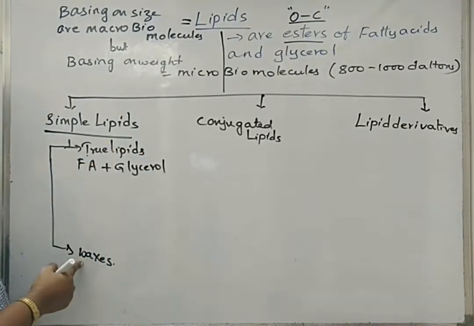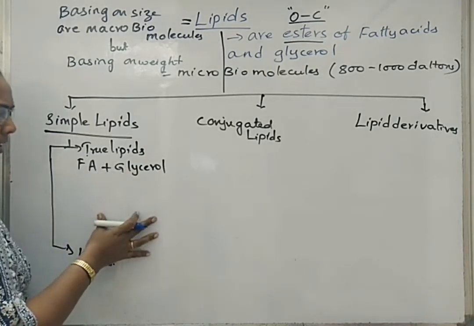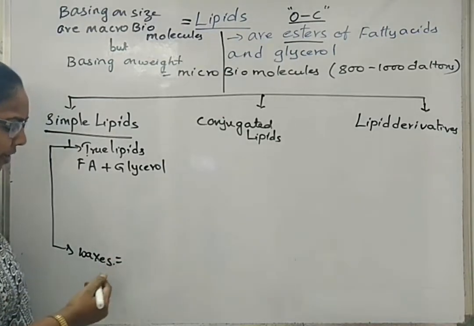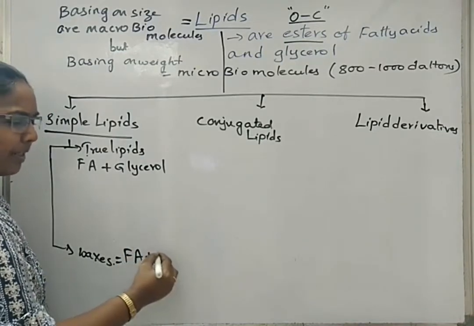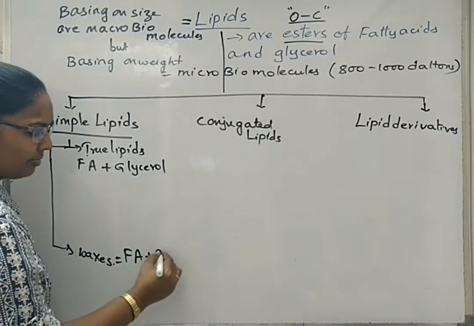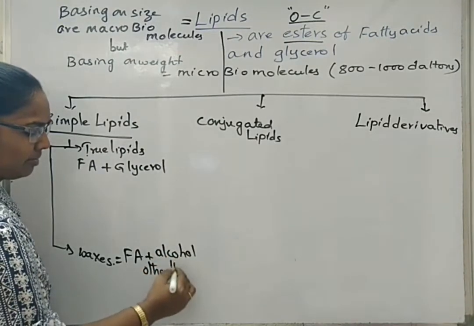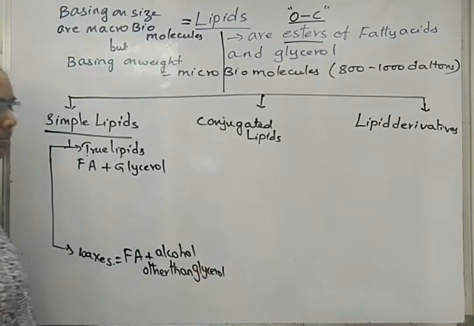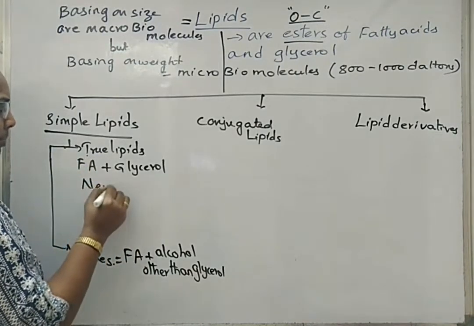If glycerol is not there, and any other type of functional group or alcohol is present, then such lipids are called waxes. So waxes are a combination of fatty acid plus alcohol other than glycerol. These true lipids are also termed neutral lipids.